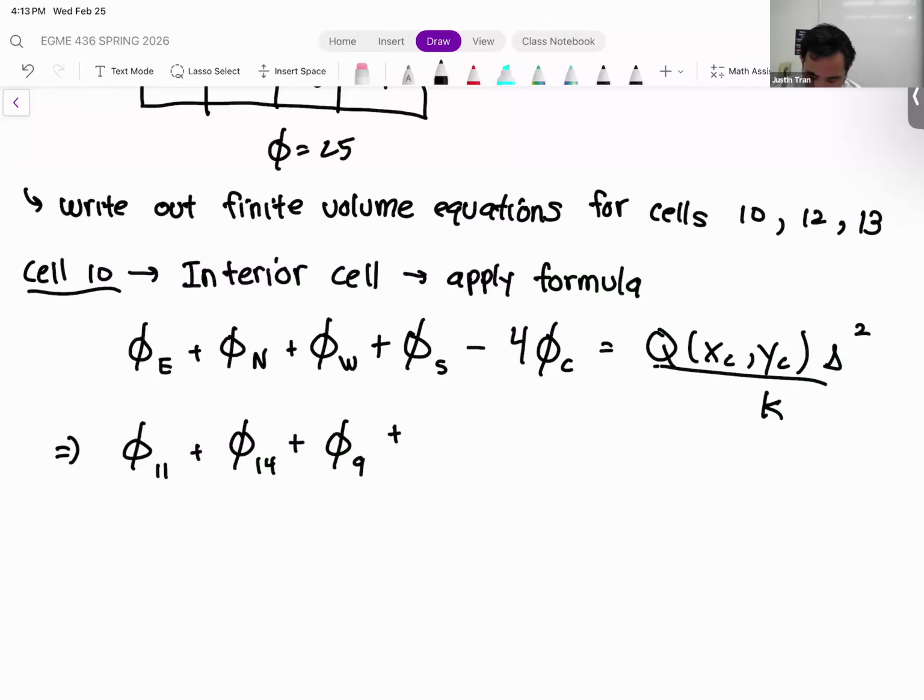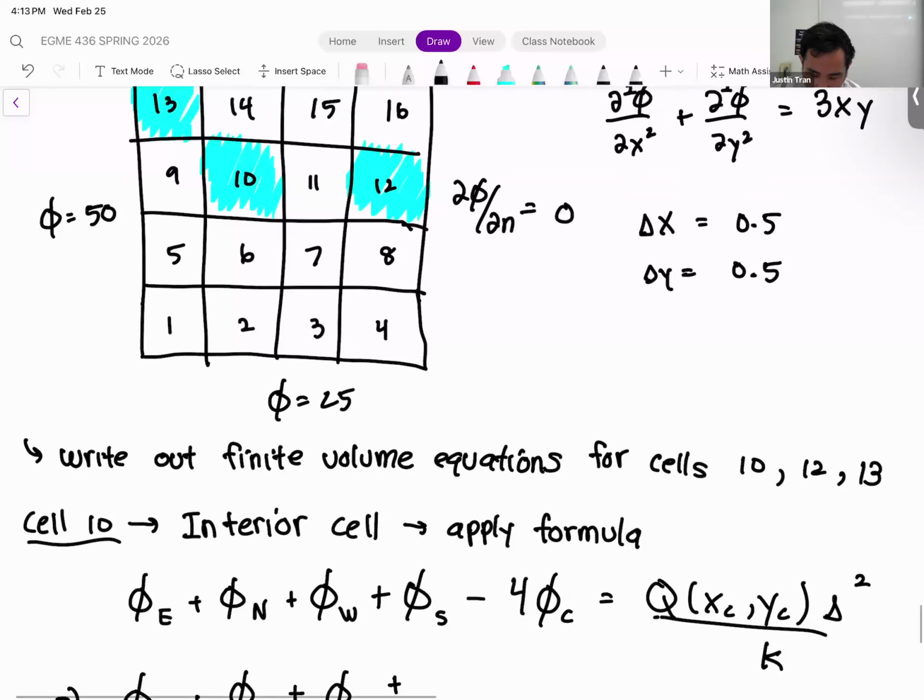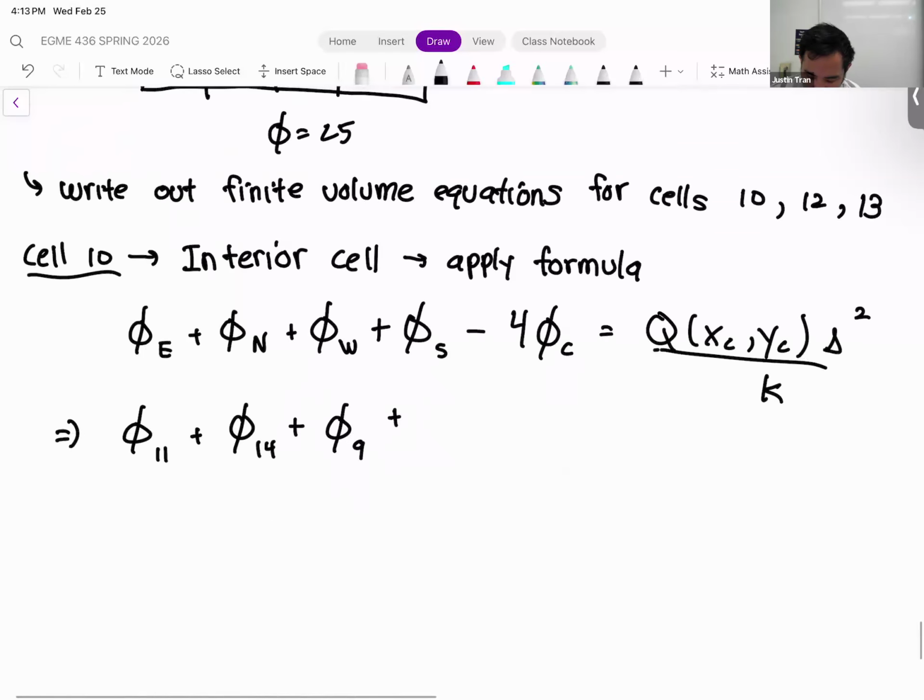And then the south neighbor is the one right below it, cell number 6. So we get a nice balanced stencil where all neighbors contribute equally, minus 4 times the central cell, which is cell 10. So minus 4 times phi 10.